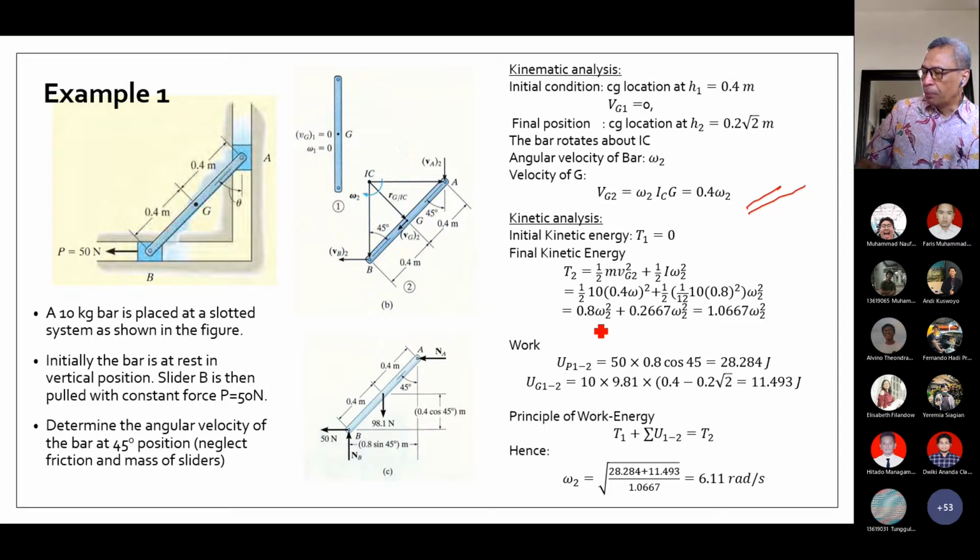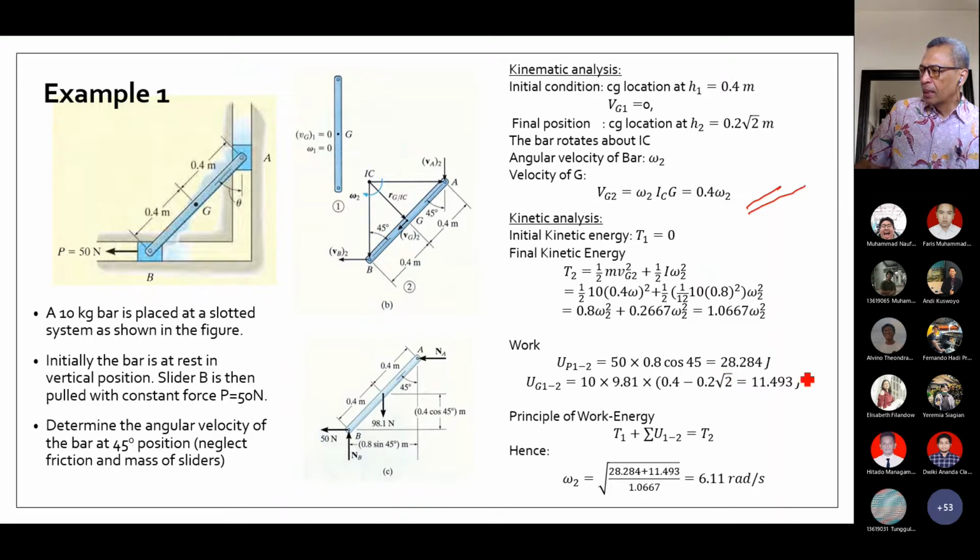So we can formulate the kinetic energy of this rigid bar by using just the omega, because the velocity of G can be expressed as a function of omega once we know the instantaneous center of rotation of this bar.